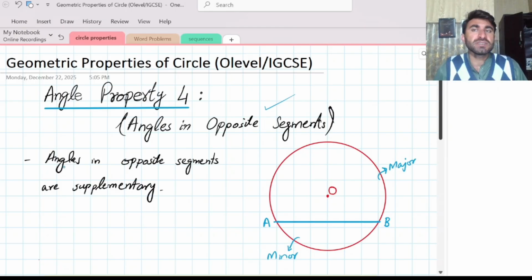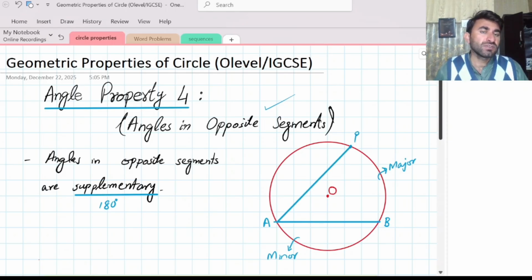Now this property states that angles in the opposite segments are supplementary. Supplementary means they add up to 180 degrees. So what are the angles in the opposite segments? Like we have two segments, minor and the major segment. So if I take any point, like if it is a point P in the major segment, so the angle over here becomes APB.